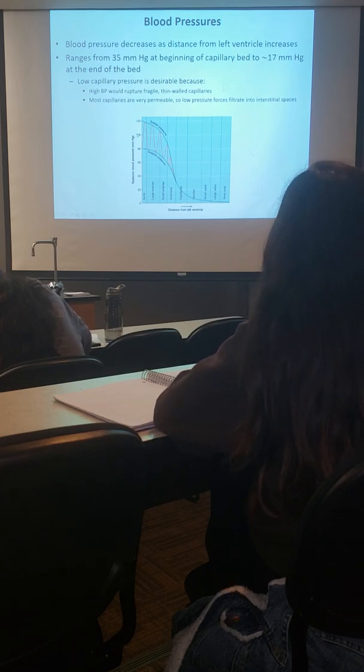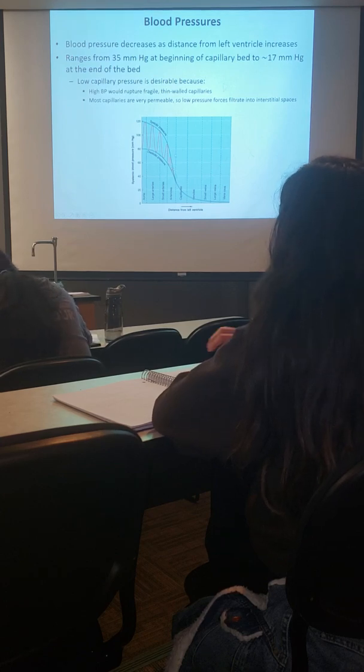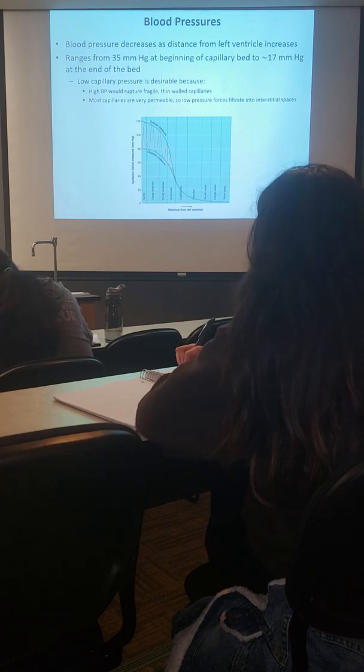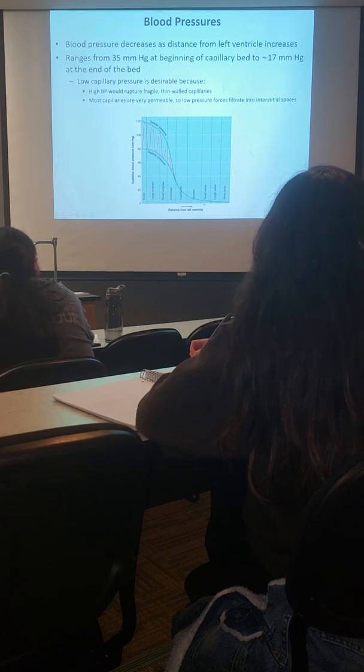The further we get from the heart, you can see that the difference between these two pressures gets smaller and smaller and smaller, because overall the pressure is decreasing, until eventually when we get into the capillaries, it drops almost to zero, and by the time you get to the veins and venules, it's very, very low pressure.